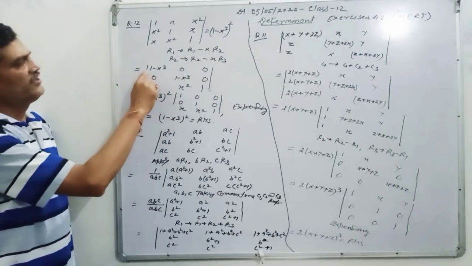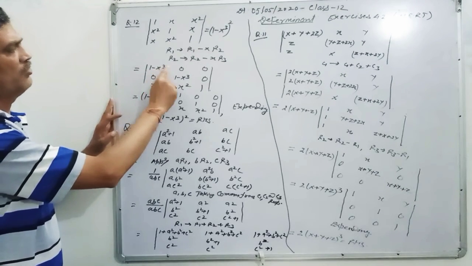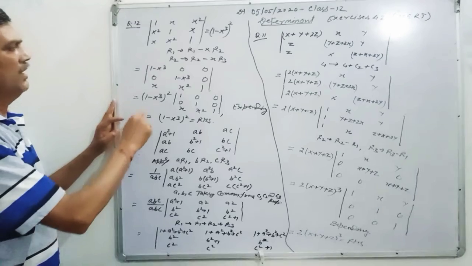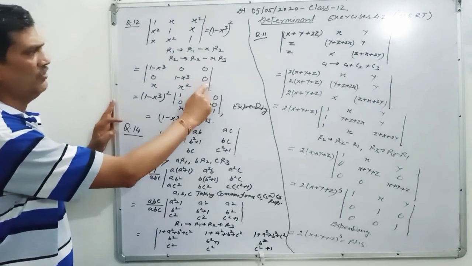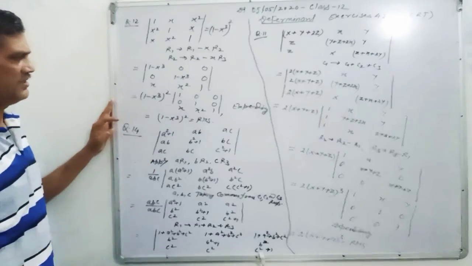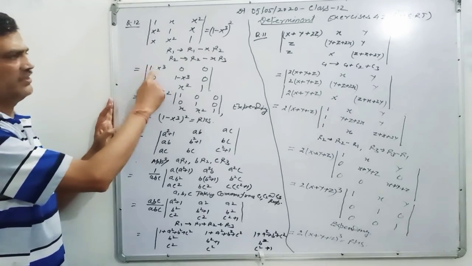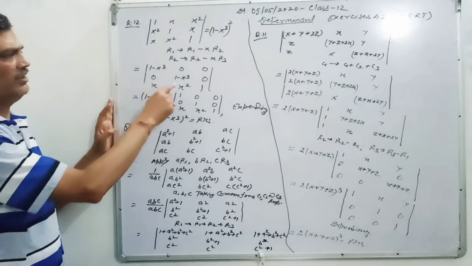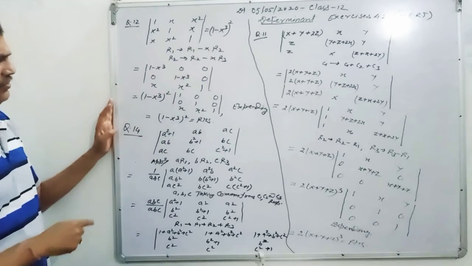So R1 will change, and in R1 you will have 1 minus x cube, 0, 0, and in R2 0, 1 minus x cube, 0 when you apply these two, and R3 will be same. Now you can take 1 minus x cube common from R1 and also 1 minus x cube from R2.